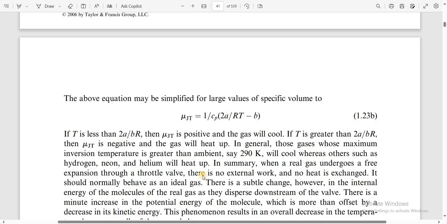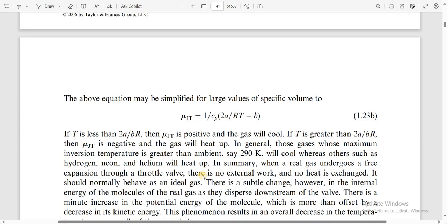Okay, heated up. So negative means heat, positive means cool. In general, those gases whose maximum inversion temperature is greater than ambient, say 290 Kelvin, will cool, whereas other gases like hydrogen, neon and helium will heat up.